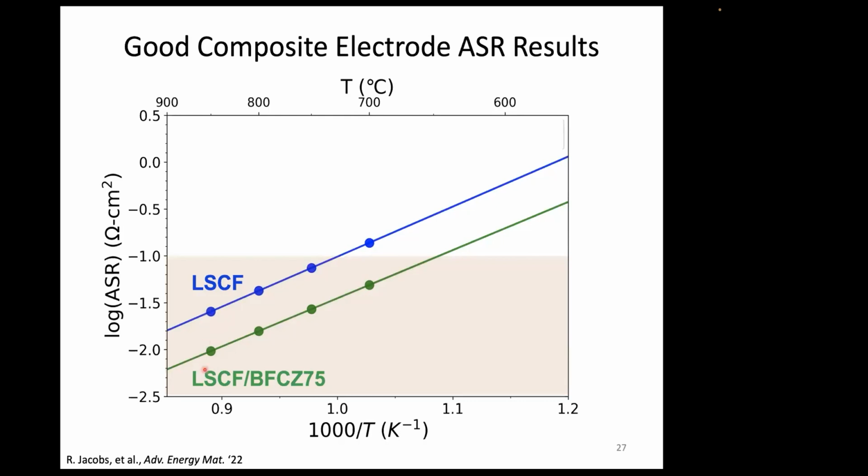That means your inefficiency went way down. And what that lets you do is start going to lower and lower temperatures and still stay within the range that you would want to stay in. So if you want to stay below 0.1 in your area-specific resistance, you can now get down to 650 Celsius.